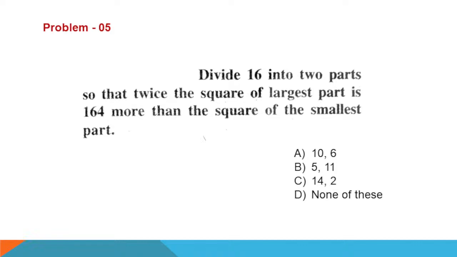If you consider x is larger and 16 minus x is smaller, then twice the square of the largest part is equal to 164 more than the square of the smallest part.